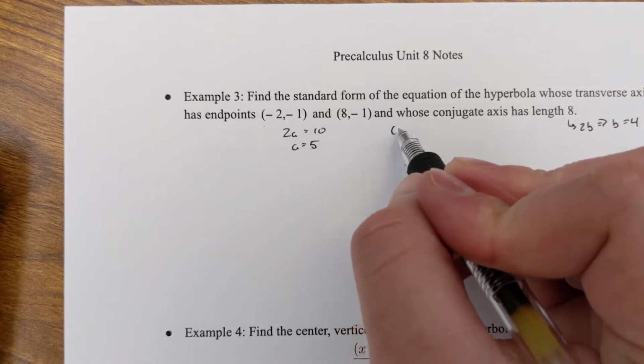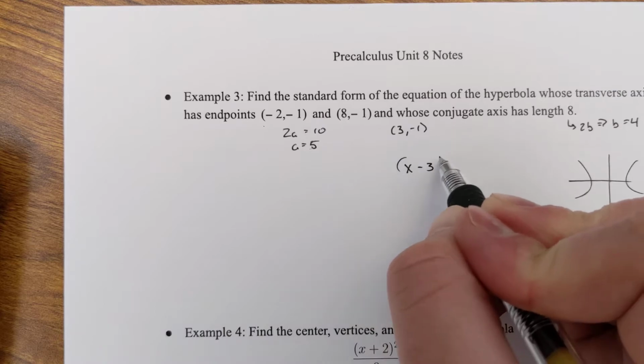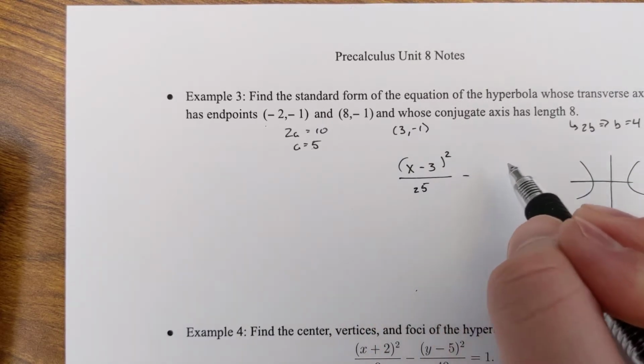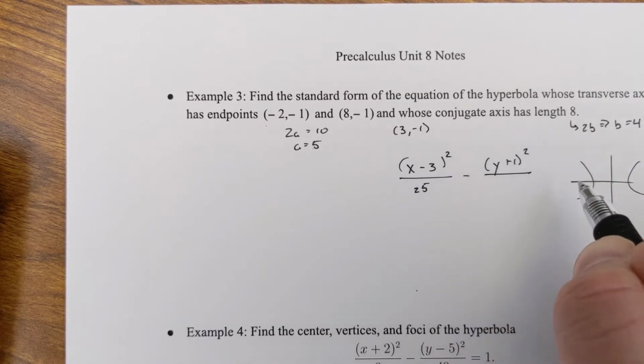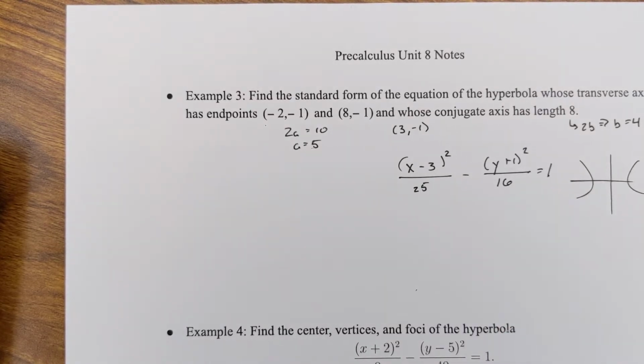So it's going to be centered at (3, -1). So (x - 3) squared over a squared minus (y - k) squared over b squared equals 1. And that's it. Once you have h, k, a and b, you don't actually need the value of c if all you need to do is write the equation.